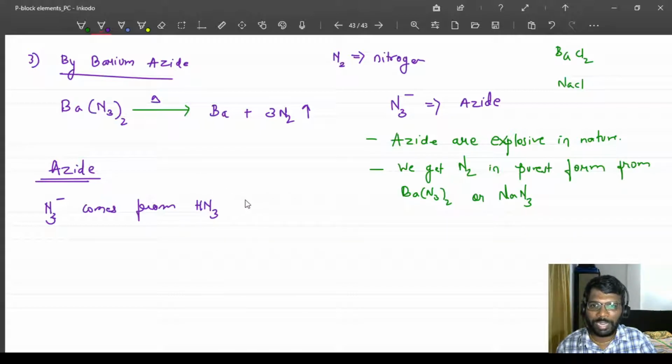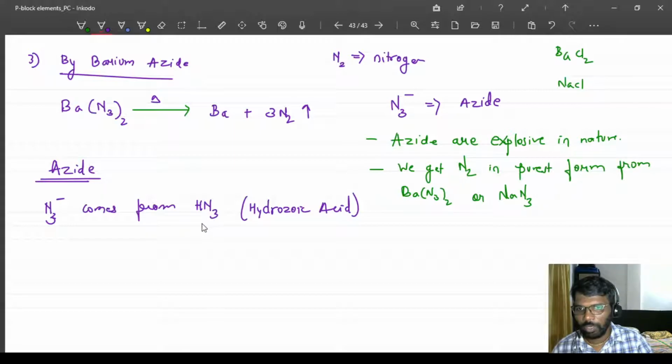This is called hydrazoic acid, HN3. And HN3 is a very strong reducing agent.